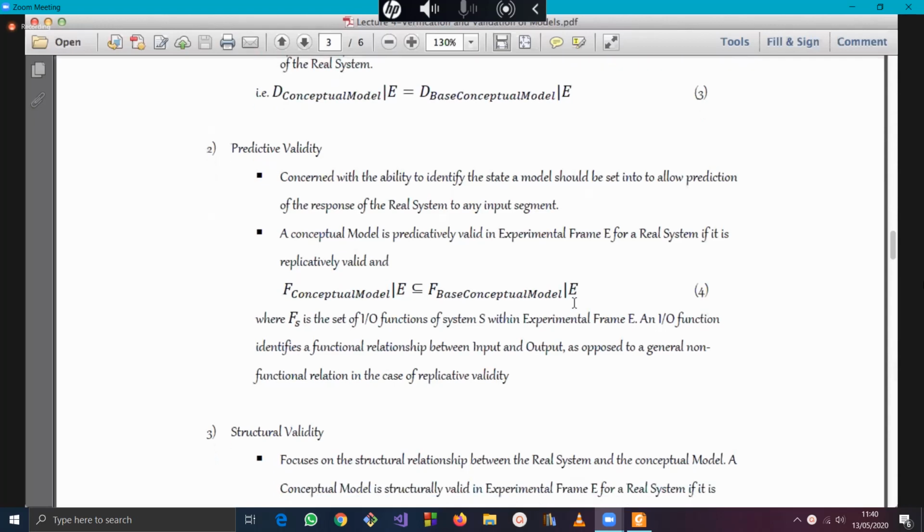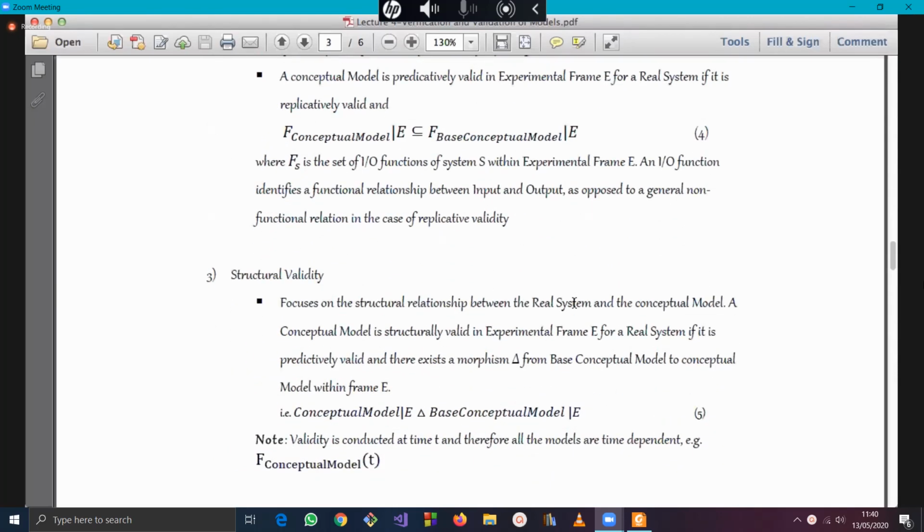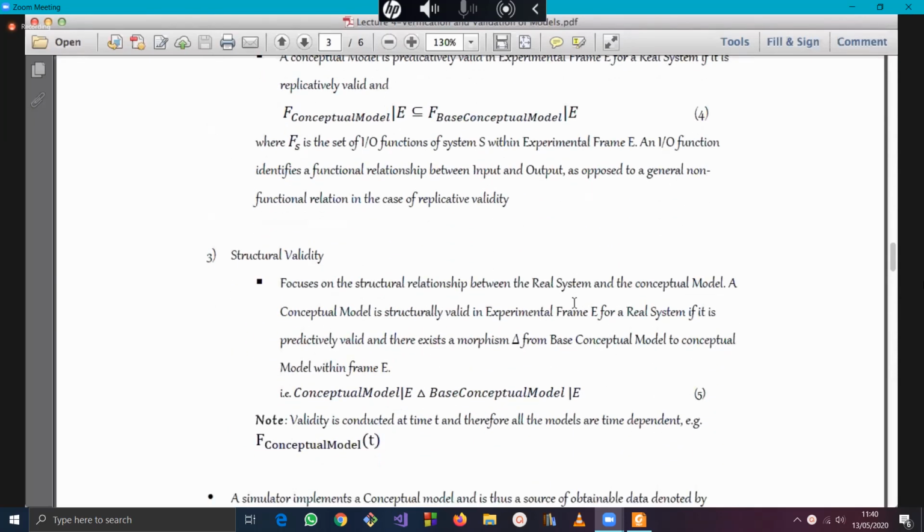There is also what we talk about as structural validity. In structural validity, we are looking at adaptability. In fact, structural validity is another way in which we talk about how systems should be.